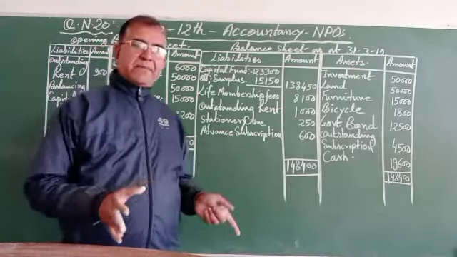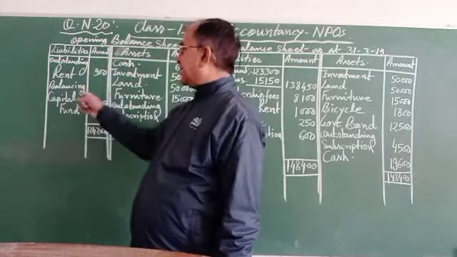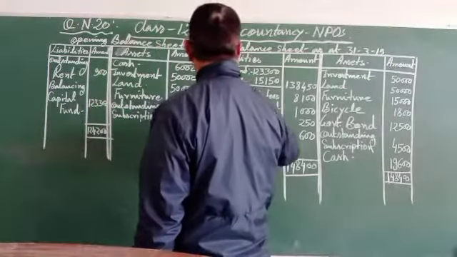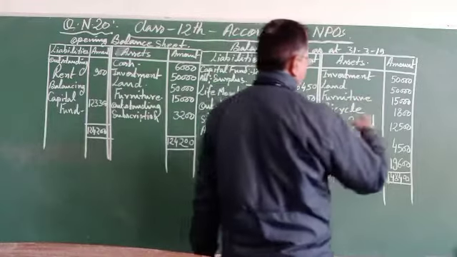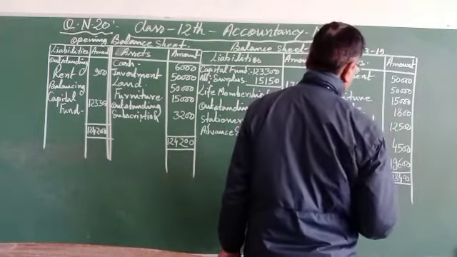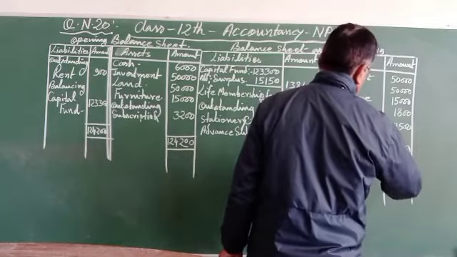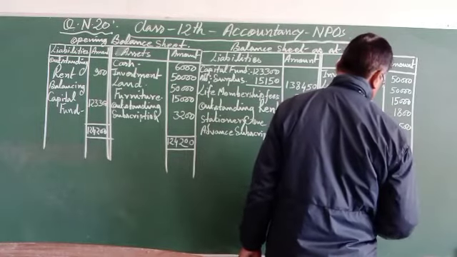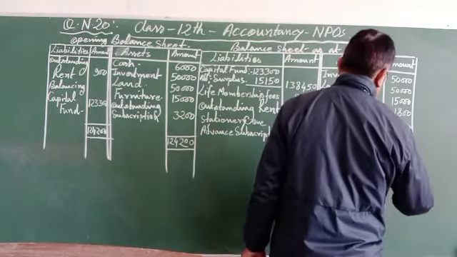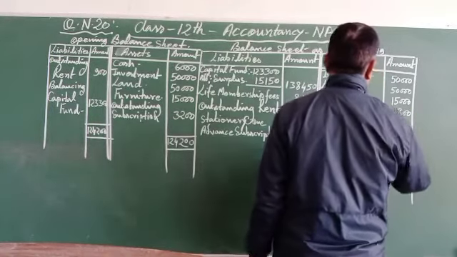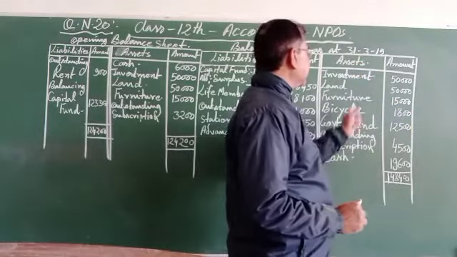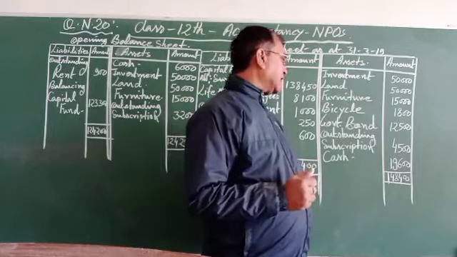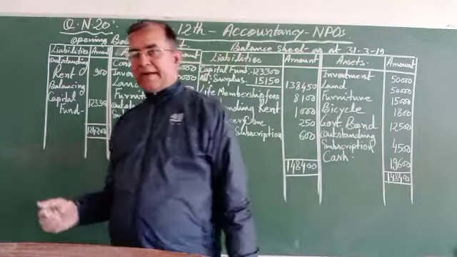First, after preparing the income and expenditure account, the opening balance sheet is prepared, calculating the capital fund of 1 lakh and more. Then all the assets: investment 50,000, land 50,000, furniture 15,000, bicycle 1,800, government bond 12,500.